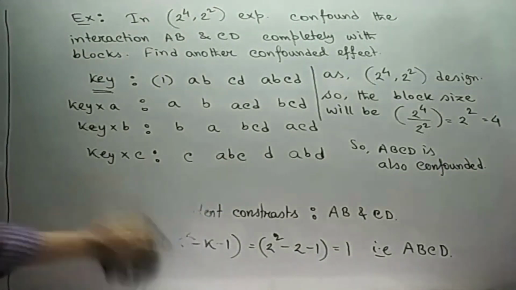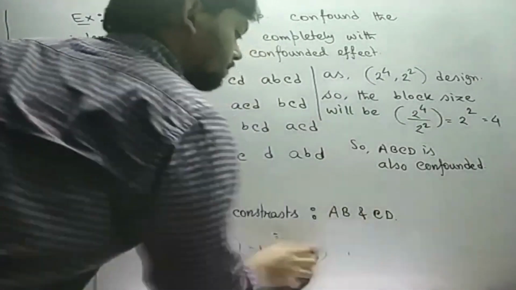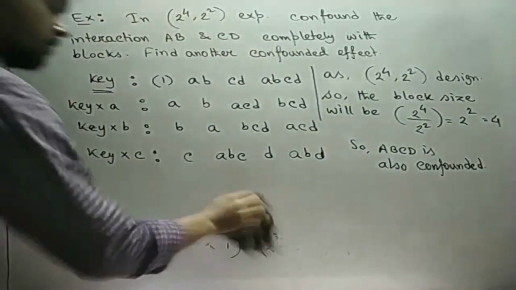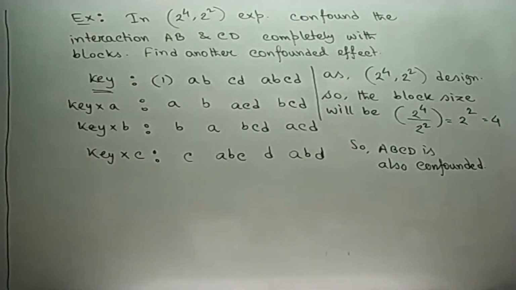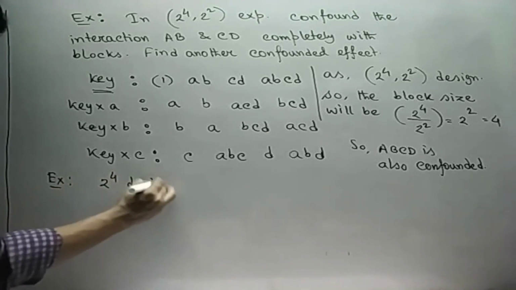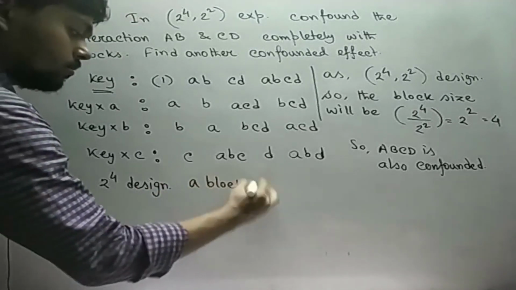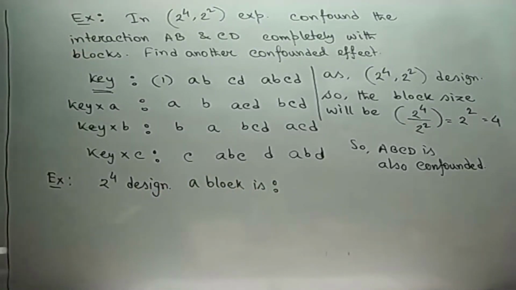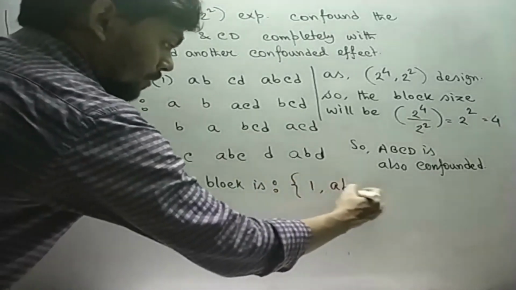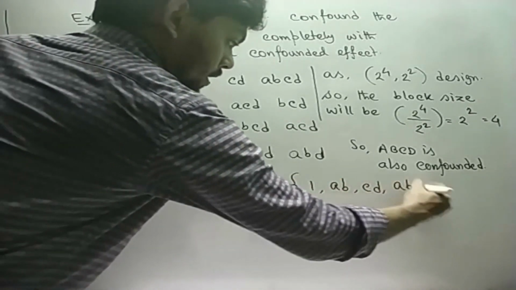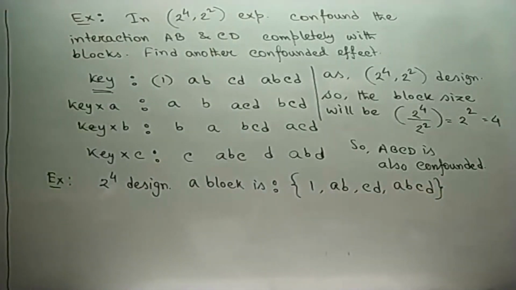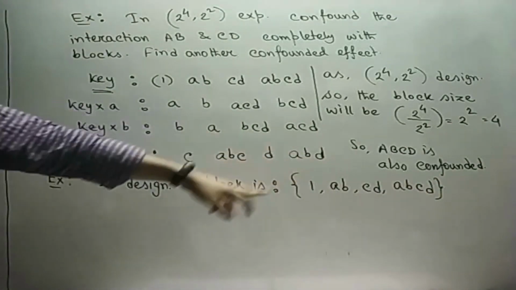Now let's have another example. So let's say in a 2 to the power 4 design, a block is given to us: 1, AB, CD and ABCD.